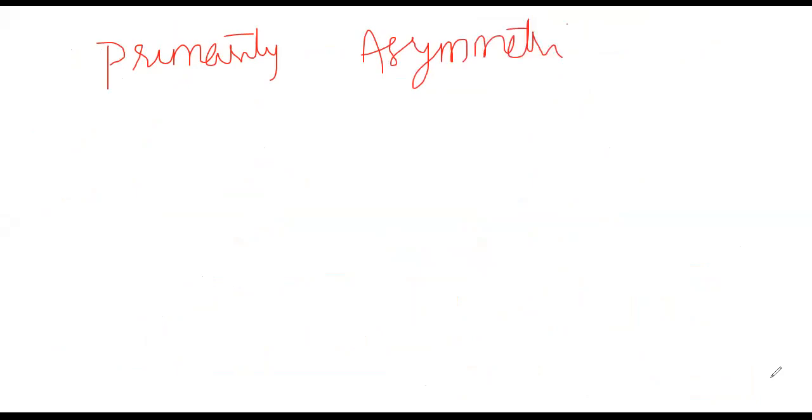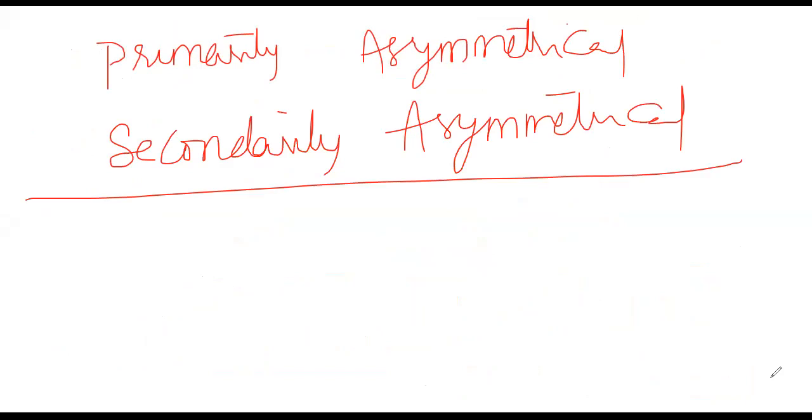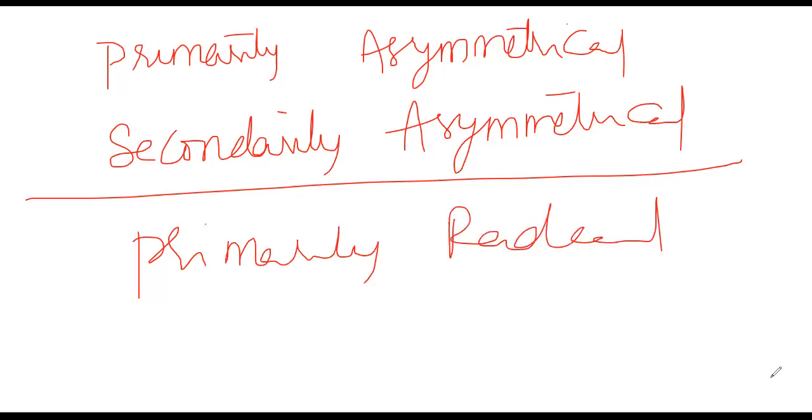We have the words primarily asymmetrical and secondarily asymmetrical, and we need to see what these are. Exceptions are also included here. Then primarily radial symmetrical and secondarily radial symmetrical, that is also a term we have.